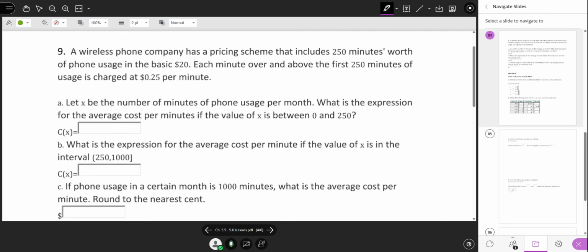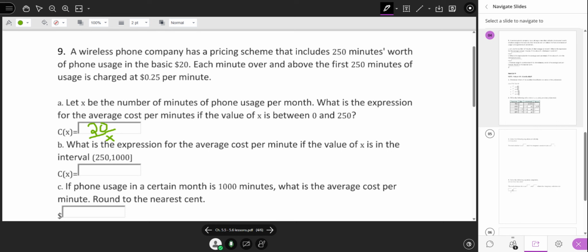Your basic plan is $20. Let x be the number of minutes, blah, blah, blah. What is the expression for the average cost per minute if the value of x is the first 250 minutes? Well, the cost for the first 250 minutes is the basic plan, so 20 divided by x. Yahoo!